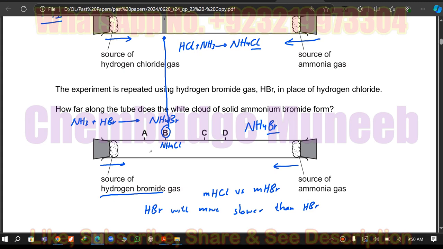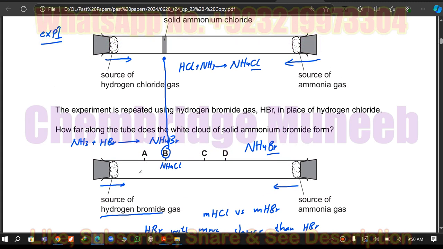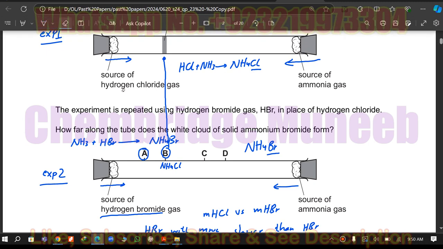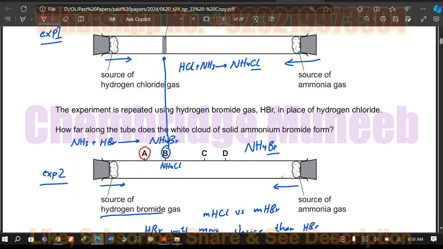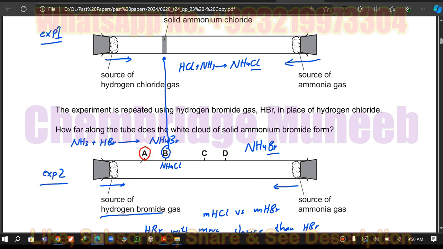So the only point in experiment number 2 which shows that HBr has moved less than in experiment number 1 is point A, which means the HBr would have moved up to point A, and that is where the ammonia gas would have met it for the formation of the ammonium bromide. So ammonium bromide would have been produced at this point.